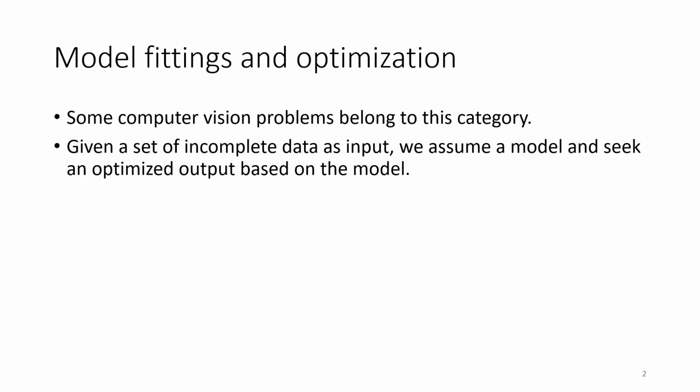What does it mean? If we have some data that is incomplete as our input, then we need to assume there is a model and try to seek and optimize the output based on the model. Okay, so this is the concept, and there are many examples in this chapter.